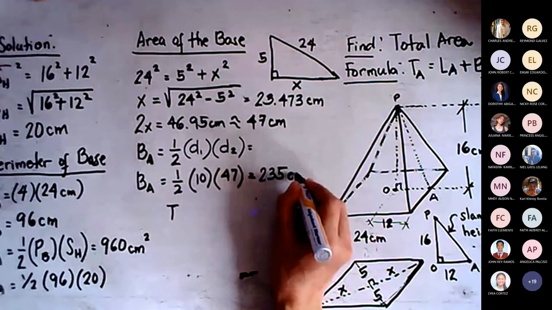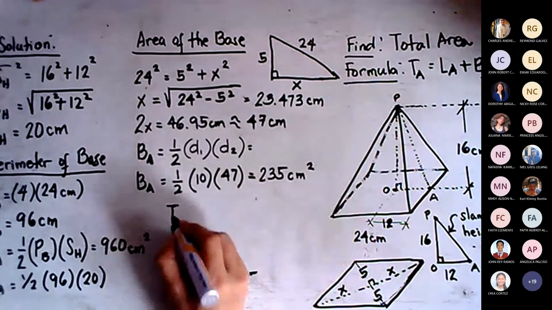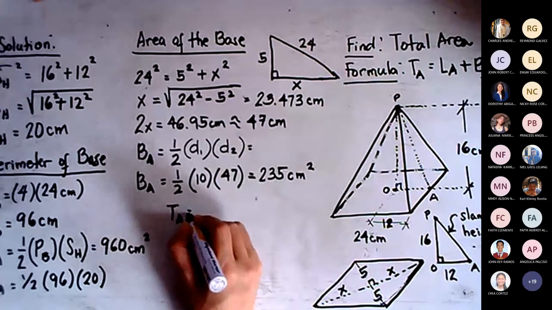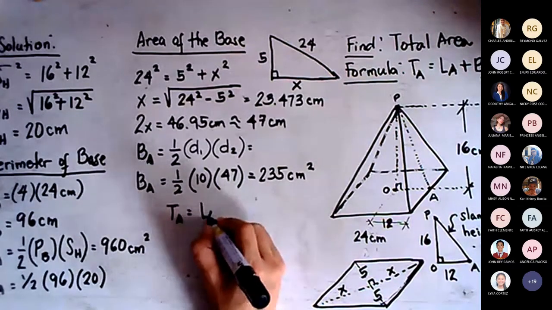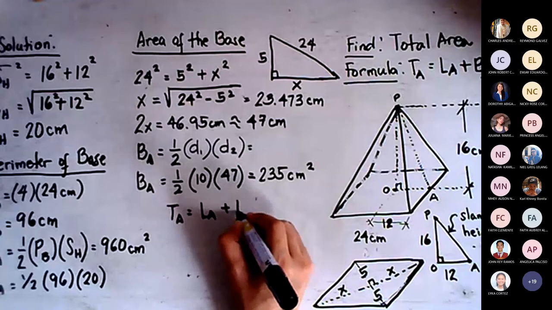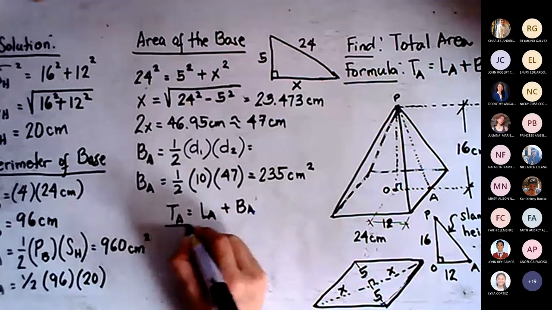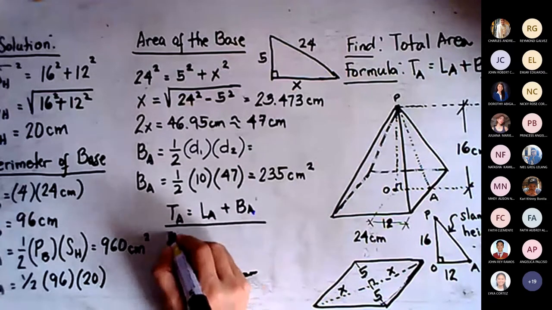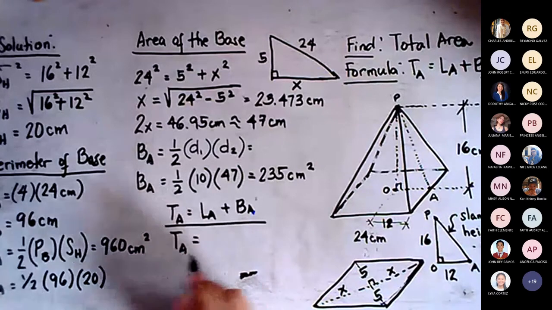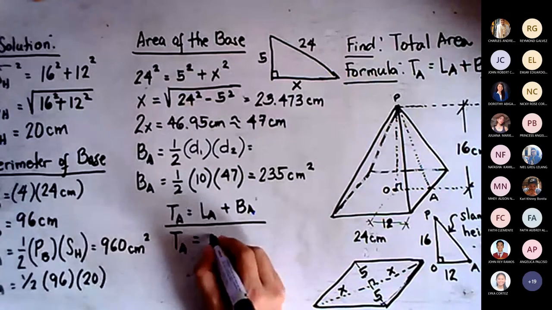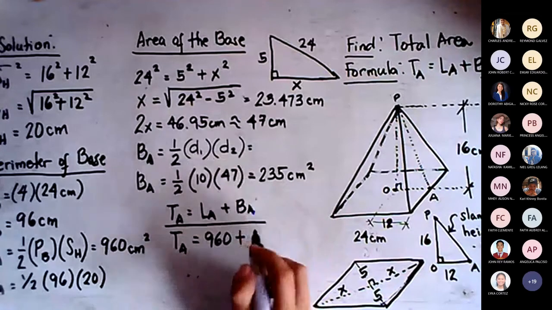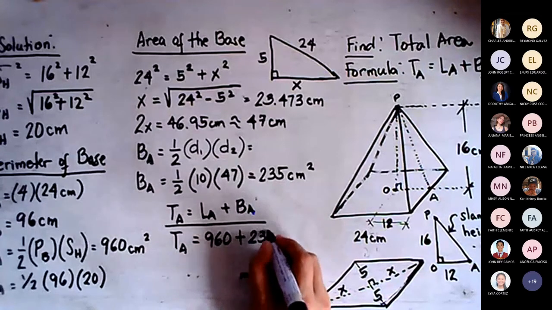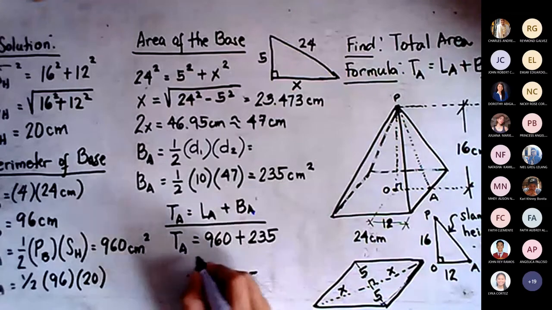235 square centimeter. And that means if you would like to determine the total area, you just add up the lateral area plus the area of the base. So the total area is equal to, lateral area is 960 square centimeter plus 235 square centimeter.